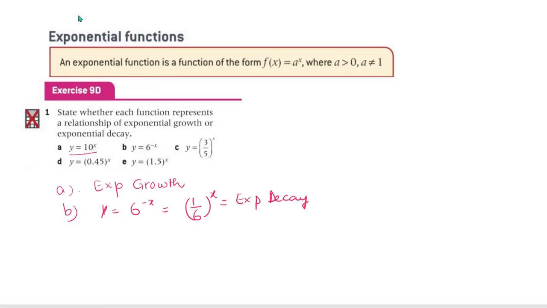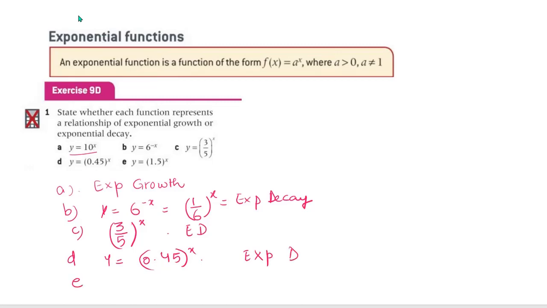Got it? Part C, 3 over 5 to the power x. Obviously it is exponential decay. Part D, y is equal to 0.45 to the power x, exponential decay.